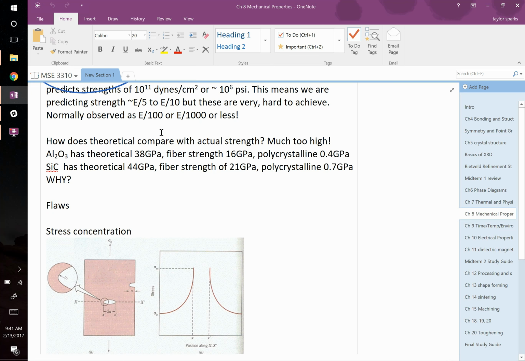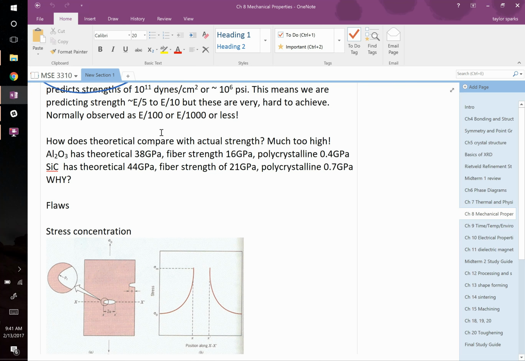I think right as we ended class, we said, well, there's got to be flaws, right? There must be something that's reducing your strength, or rather, maybe the right way to think of it is that locally within your material, you have something that's greatly magnifying the stress, right? They call them stress concentrators, where it causes the stress that you think you're applying to get greatly magnified. So if you think you're applying sigma naught, you saw this plot in 2010, you're applying sigma naught across the whole material, which takes into account the force over the cross-sectional area of the whole material.